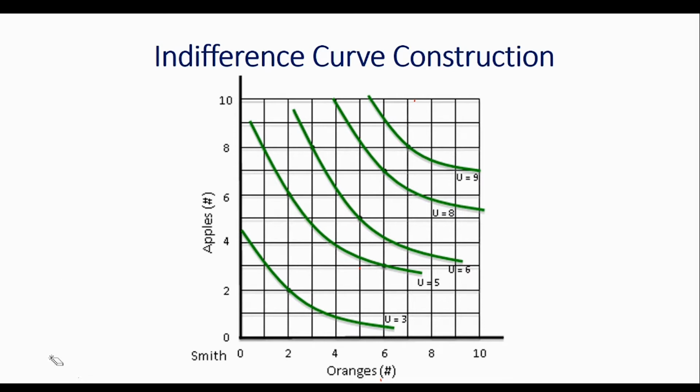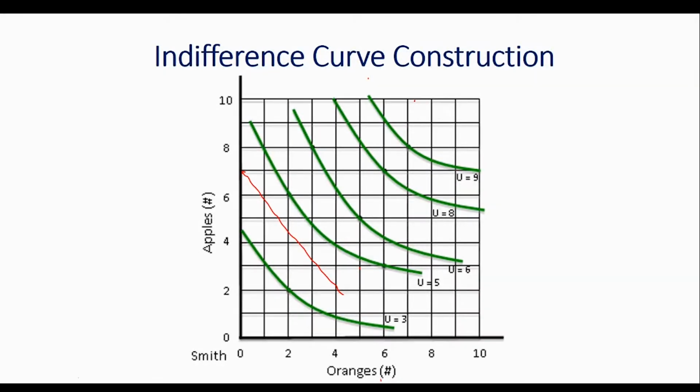So for example, if we had constant marginal utility, where each additional unit of a good gave Smith a fixed amount, say 2 extra utils of utility for every additional apple, and the third apple gave him an additional 2 utils, and the fourth apple gave him an additional 2 utils, and so forth and so on, if there was constant marginal utility, then the indifference curves would look like this. They would be straight lines instead of curved lines like this.